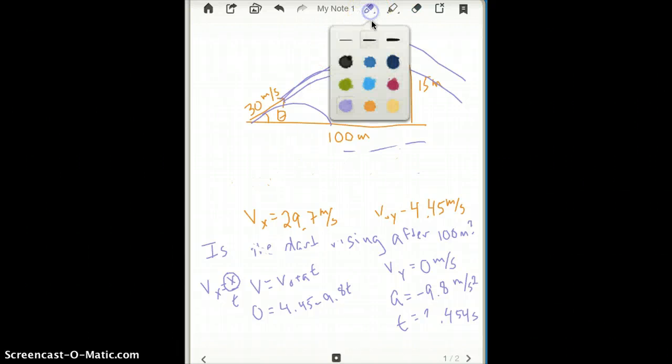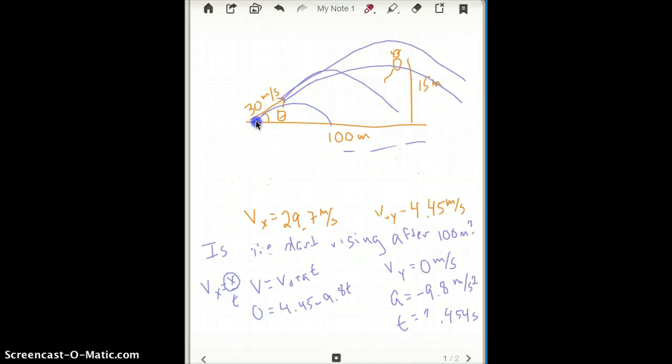Because now I feel like what we should think about is, if we change our angle, can we arrange for it to get here at the top of its trajectory and then go from there? All right, so that's my suggestion. Try it and then let me know how things go.